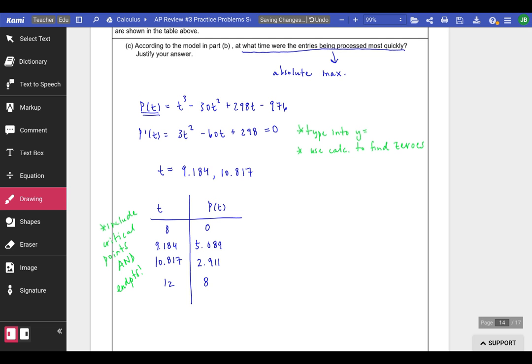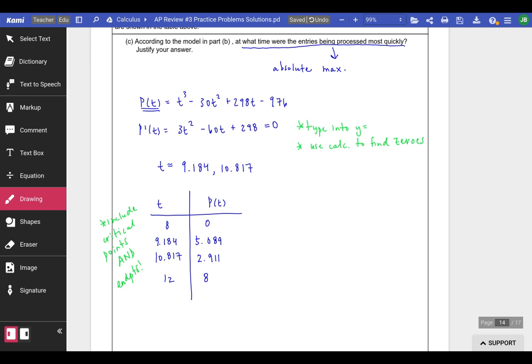The nice thing with this type of question, where we're finding a global or absolute max, is that this is one of the few times your work counts as your justification. So now all we have to state is where that maximum occurred.